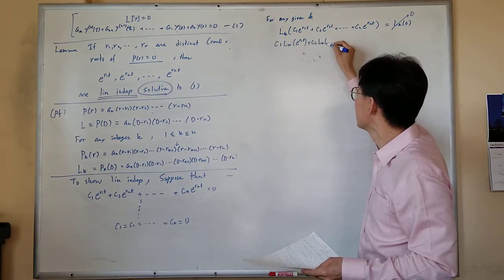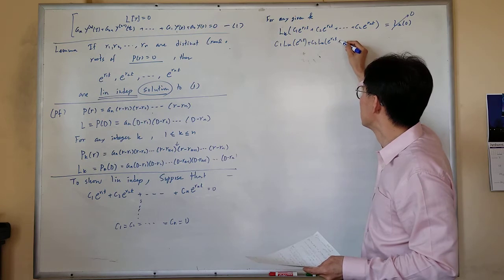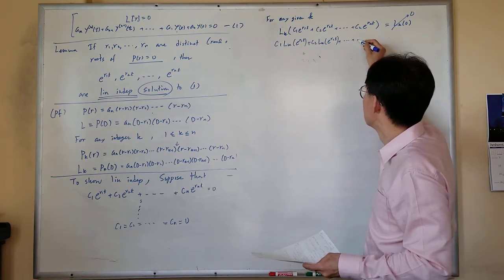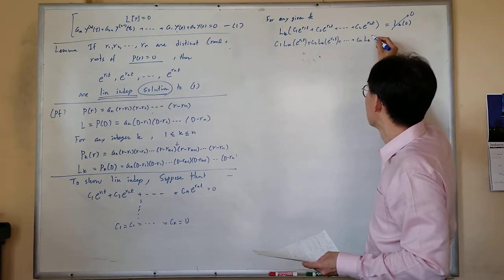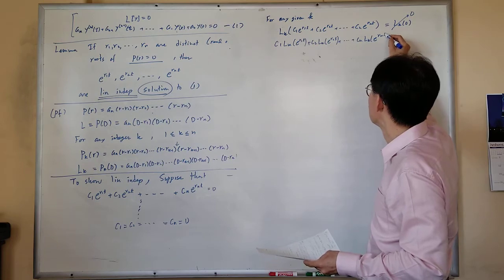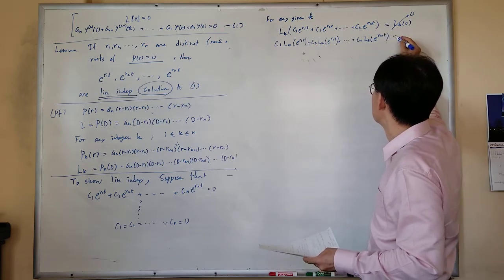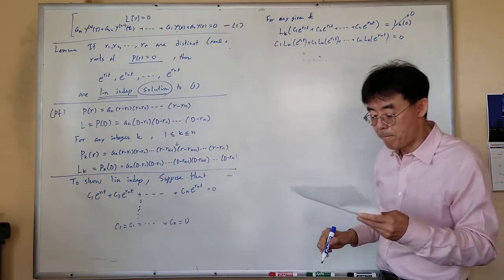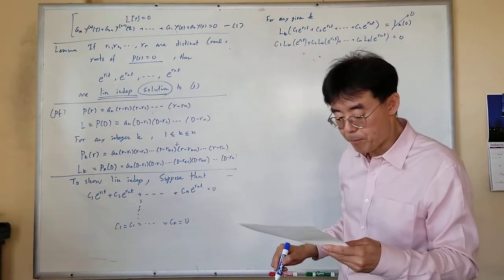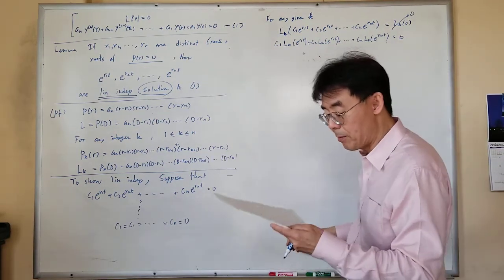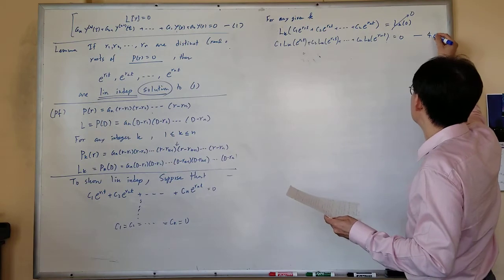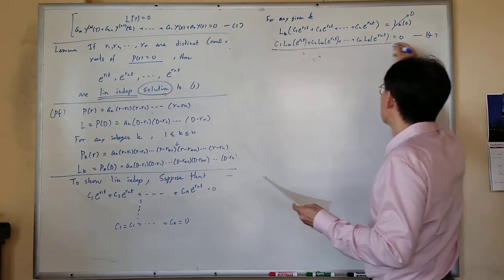So c1 L_k of e^(r1 t) plus c2 L_k of e^(r2 t) plus ... plus cn L_k of e^(rn t) equals 0. I'm going to call it number 4. So keep it. This is number 4.